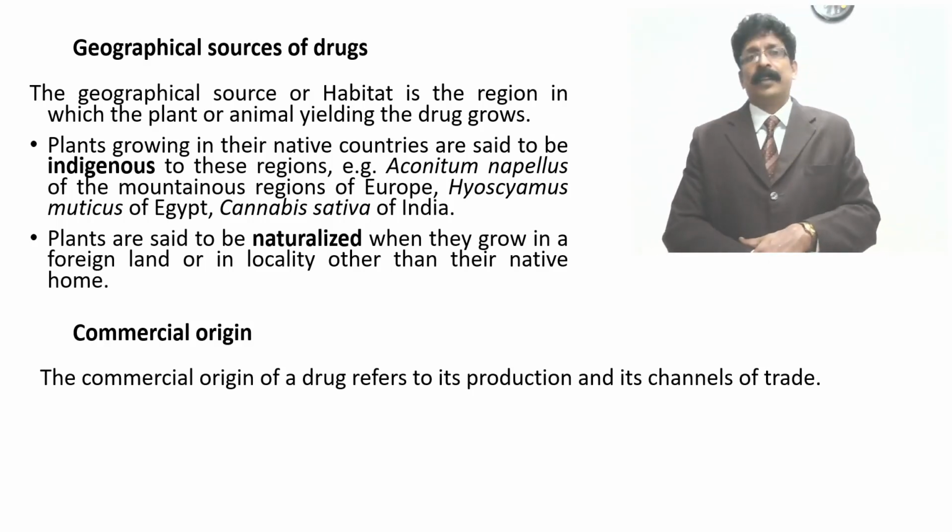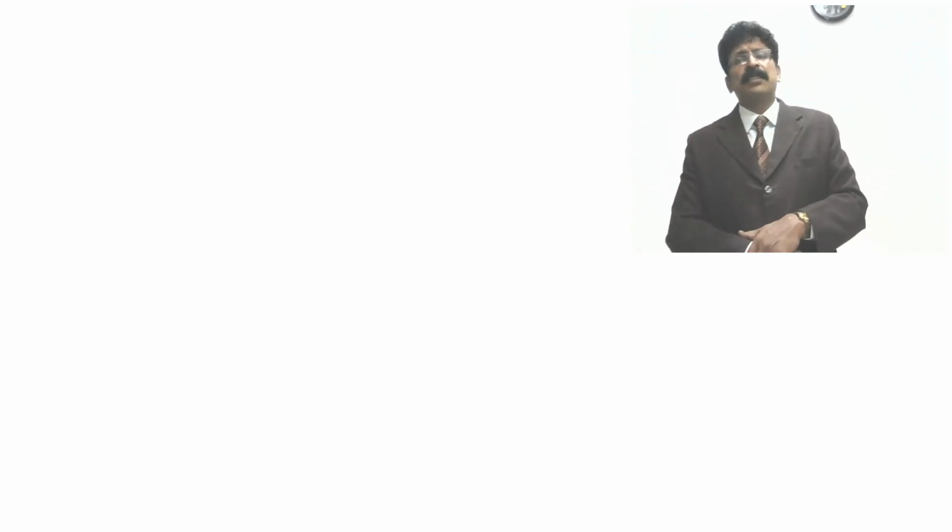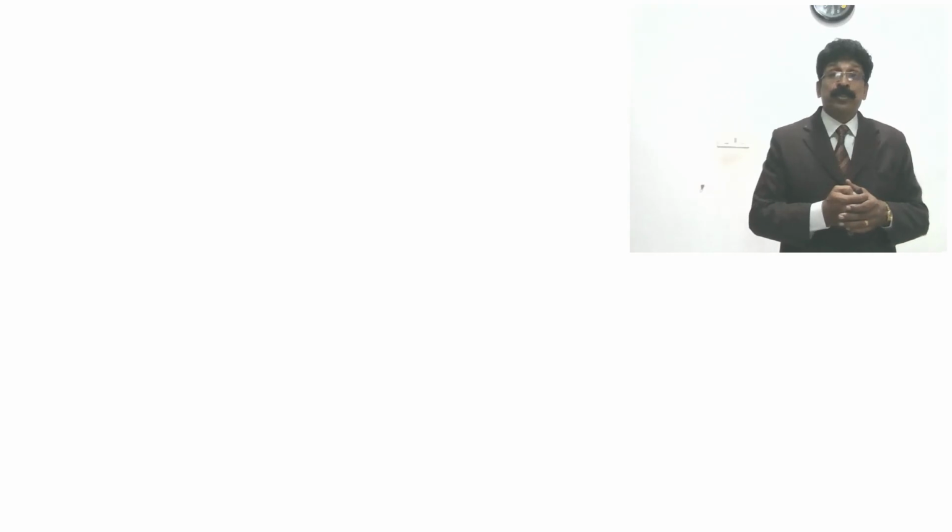This is some of the detail I wanted to give you before going to the classification of crude drugs. We should know that the taxonomical name is very common everywhere when you want to write about any botanical source, zoological source of an animal, or a crude drug.